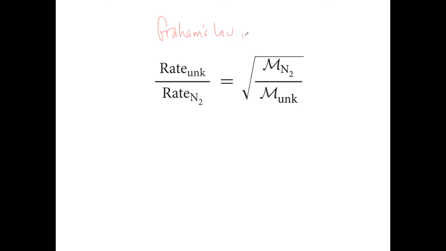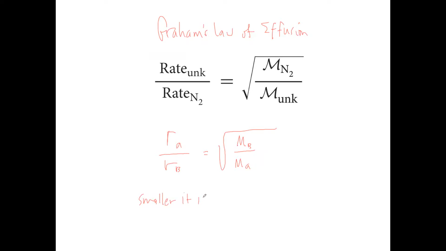The rate of gas A over the rate of gas B is equal to the square root of the molar mass of gas B over the molar mass of gas A. So the smaller it is, the faster it goes. That's what this means.